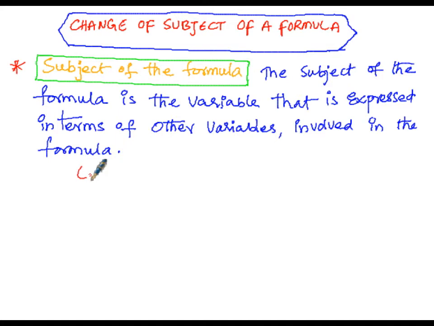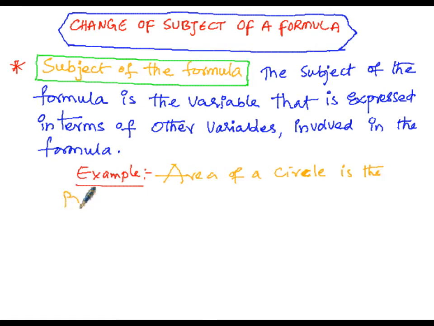So now let us perform one example under this. Here, the area of a circle is the product of pi and the square of its radius.